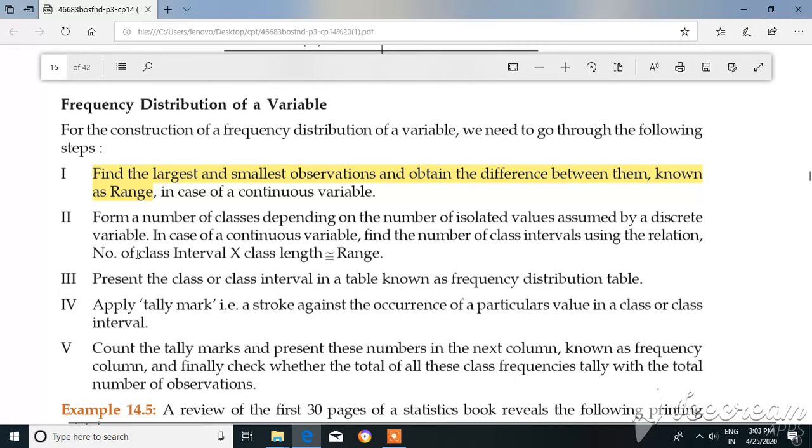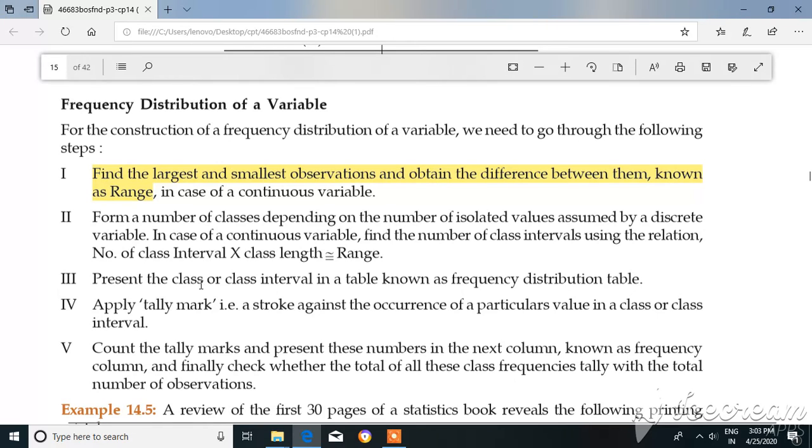Okay. As I said earlier, if I have data of students' marks, then I considered their class intervals as 0 to 10, 10 to 20, something like this. So you have to consider those observations and make classes by using that data.